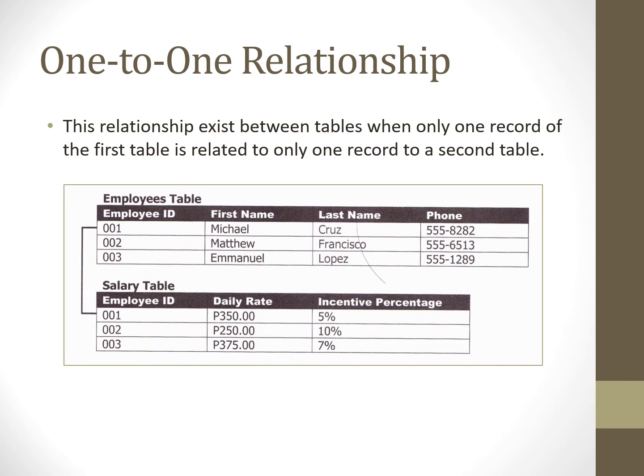So employee 001 will have a corresponding salary in the salary table. As you can see here, the employee ID is a primary key in the employees table. Once it goes in the second table, it acts now as a foreign key. But in this case, the relationship must only be one to one. It cannot exist several times.